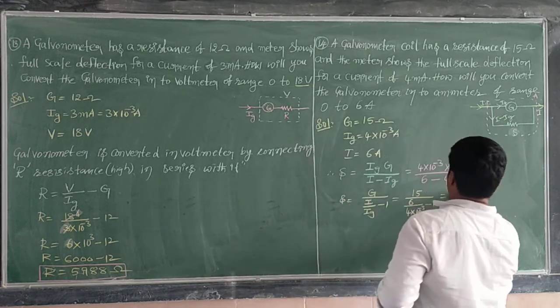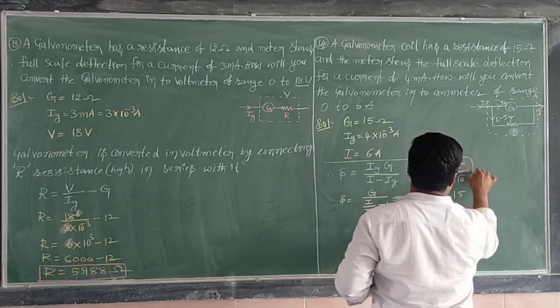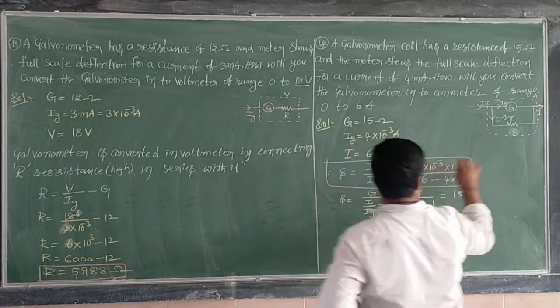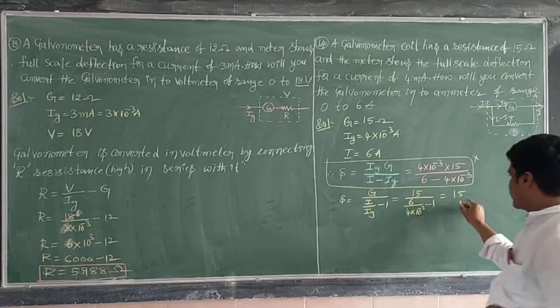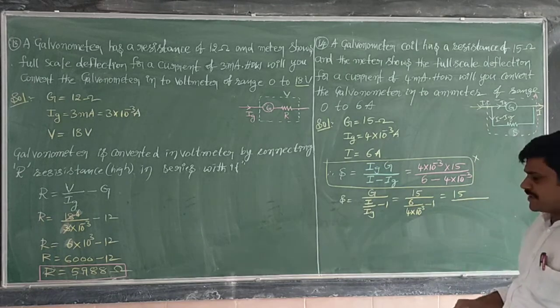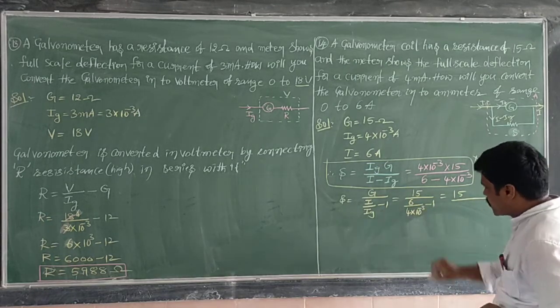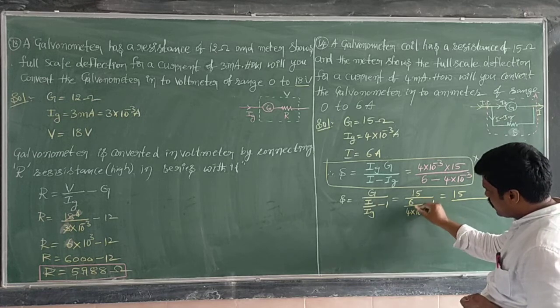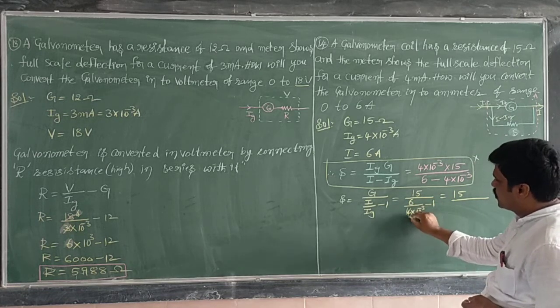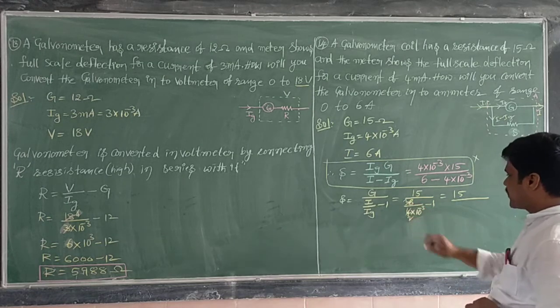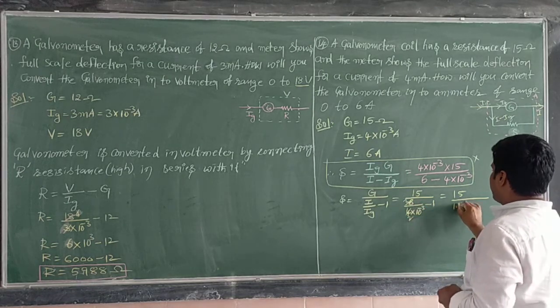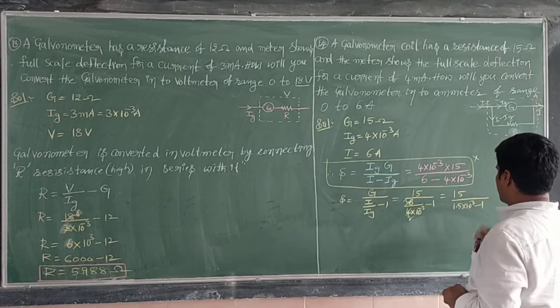This is the optional one. You can do it like this, for simplification reasons. 6 by 4 is 3 by 2, which is 1.5 into 10 power 3, minus 1.